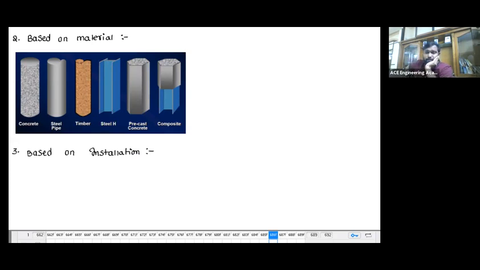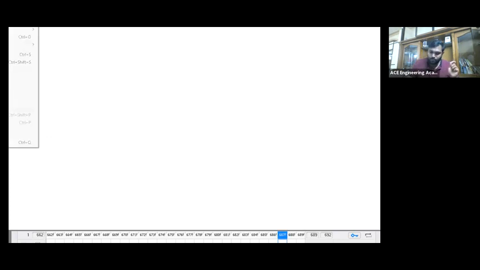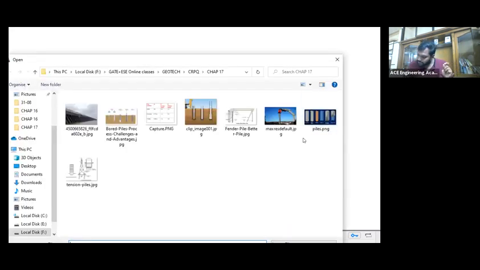What is the meaning of precast driven pile? Precast means I prepared the pile already in the factory. And then I take that pile and bring it into the field by means of a crane. Let's see how it looks.